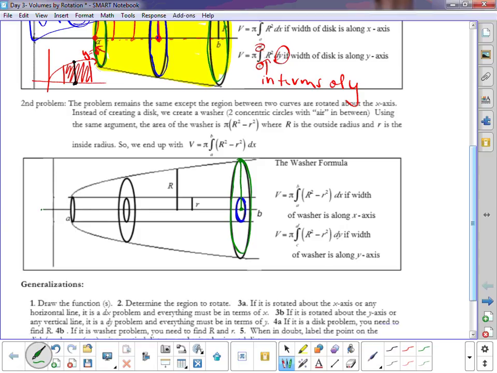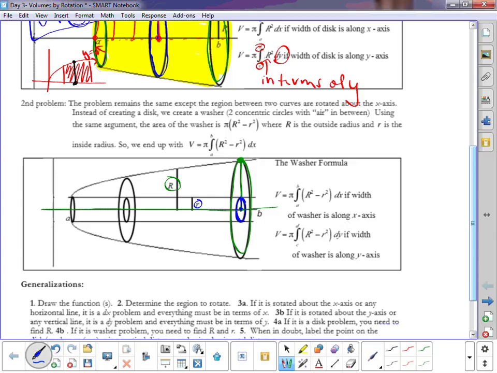So we always go from the axis of revolution, and that's going to be my outside radius there. Now, again, this is going to be dependent upon your function. And so you'll notice that we'll be using that top minus bottom, so top function minus bottom function, just like we did last class. And then we want to subtract from there the area based upon my little circle here, which is going to be my little r.